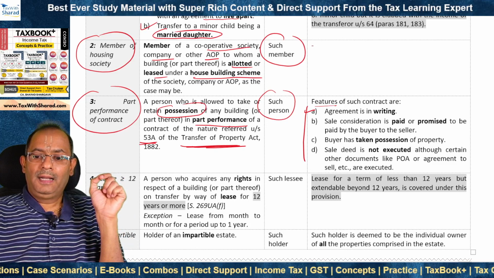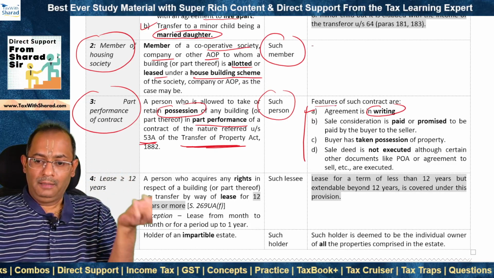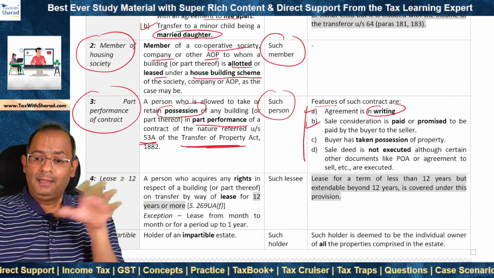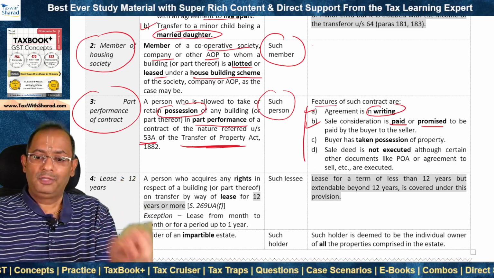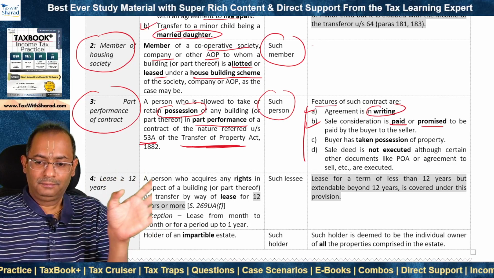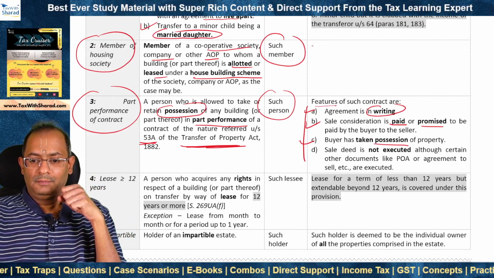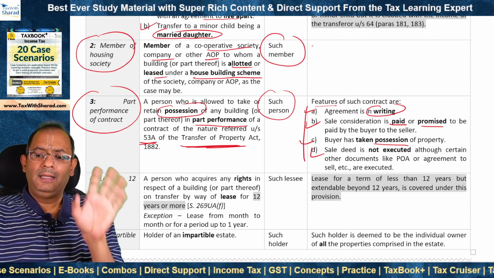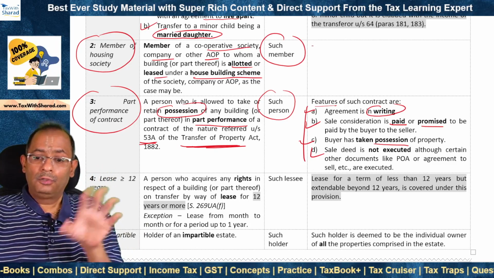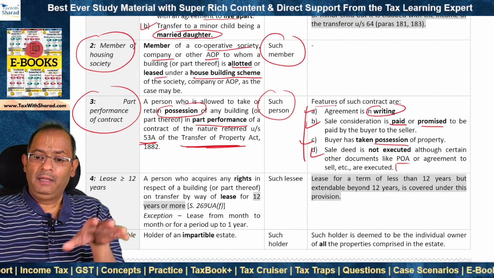The first feature is that the agreement should be in writing. It should not be an oral agreement. Second condition is that the sale consideration is paid, or if it is not paid, it is promised to be paid by the buyer to the seller. Third condition is that the buyer has taken possession of the property. So the buyer has actually taken possession of the property and the sale deed is not executed, although certain other documents like power of attorney or agreement to sell, etc. have been executed.